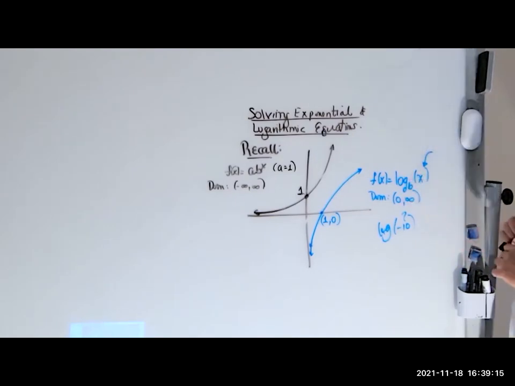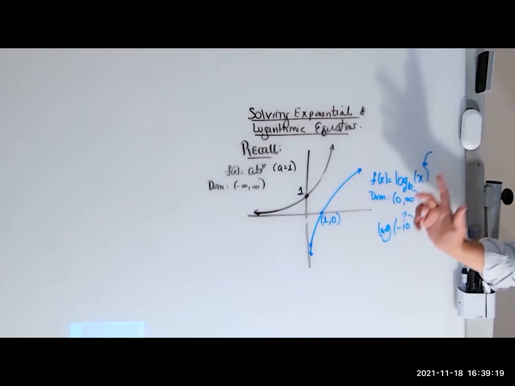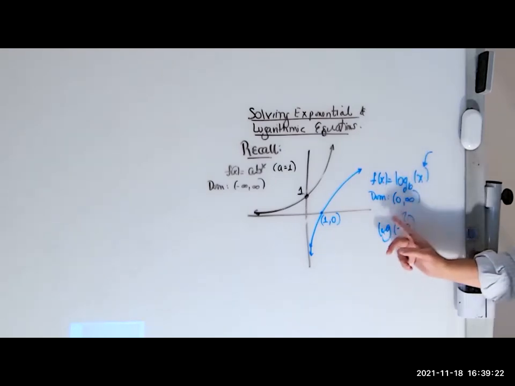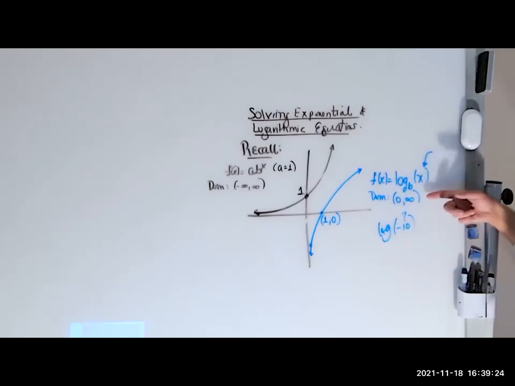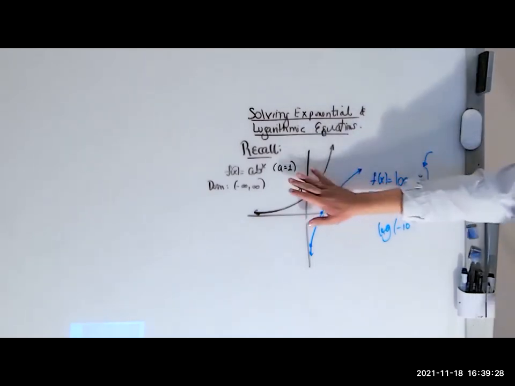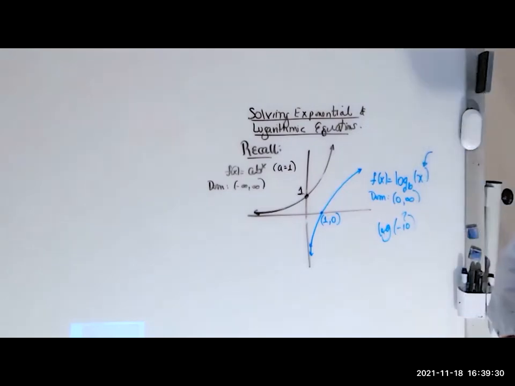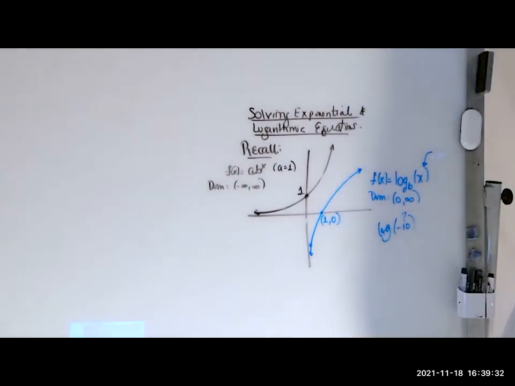So I wanted to do this quick recall just to always keep in mind that as we solve equations, we must make sure we do not violate the domain issue of the log. The exponential, I repeat, anything goes. So let's go over a couple of examples.